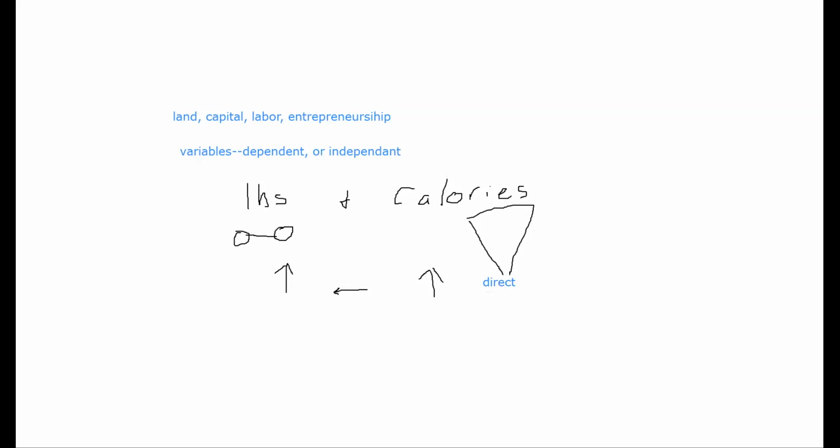Now, what if we talked about another variable besides calories? What if we were to talk about a variable that maybe is exercise? Not sure how to spell exercise either, so you can tell my spelling isn't all that great. So I need a picture for exercise as well. So let's talk about somebody running.